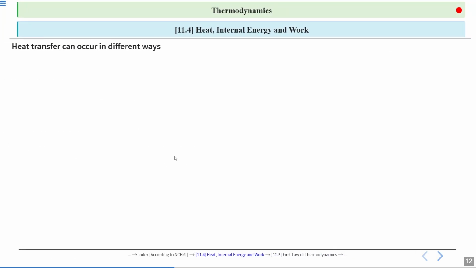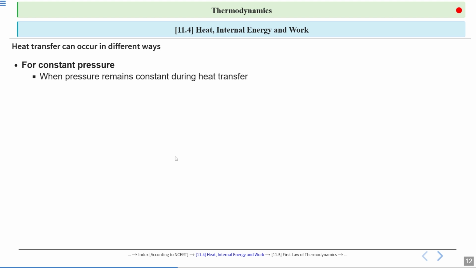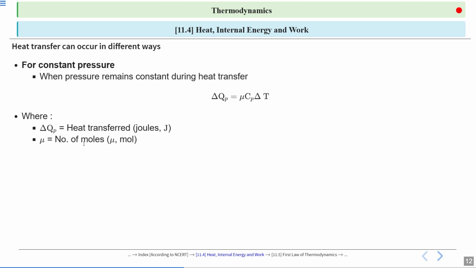Similarly, another way of heat transfer is for constant pressure. So when pressure remains constant during heat transfer, delta Qp is equal to mu Cp delta T, where delta Qp is equal to heat transferred measured in joules, and symbol is capital J. Mu is the number of moles, measured in mol.